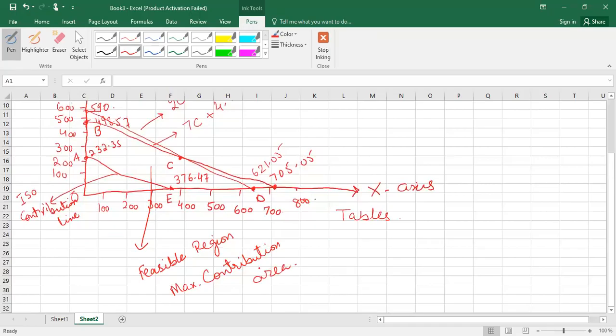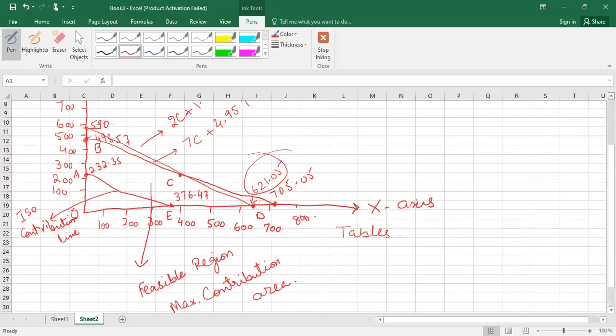And maximum contribution will come from where? It will come from 621.05 units of the table. And 621 is marked over here. This one is the point of the 621. It is intersecting with what? It is intersecting with this equation of fabric at this point. So this is called the graph.